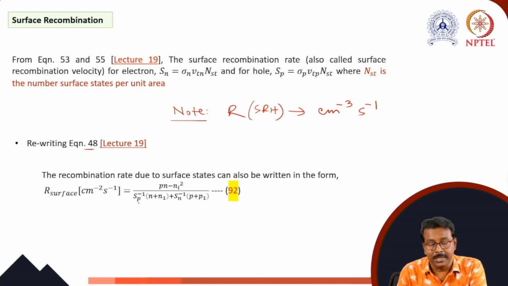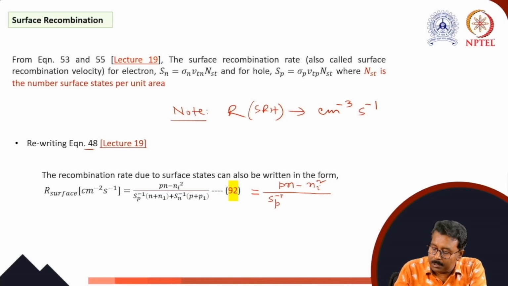So inverse you have to take, second per centimeter, then only it gives you the surface recombination rate. Or you can write that as pn minus ni square divided by Sp inverse (n plus Nt) plus Sn inverse (p plus Pt).